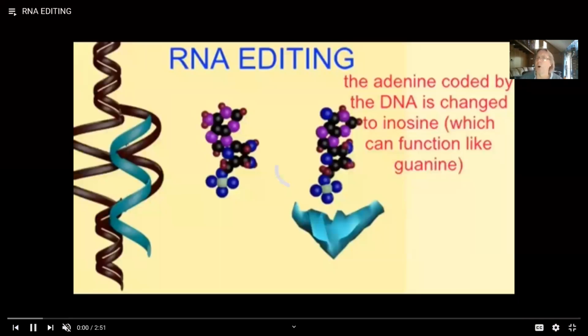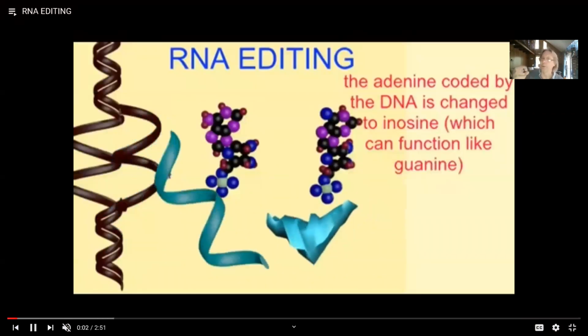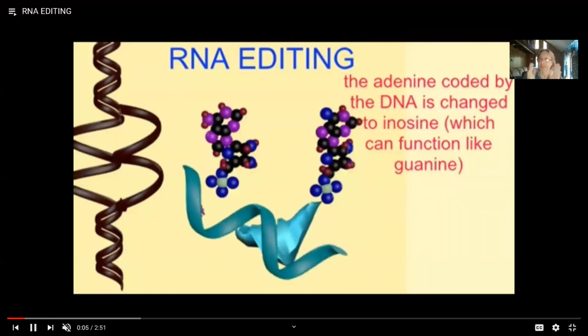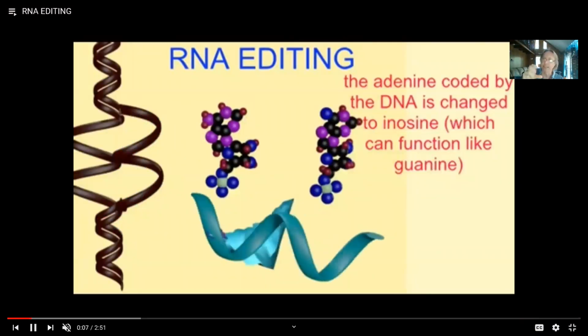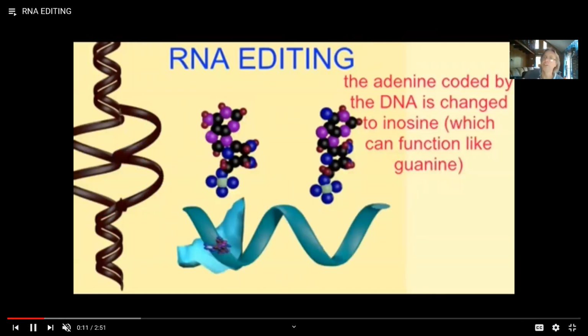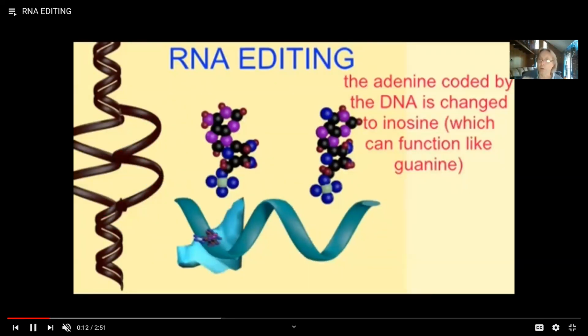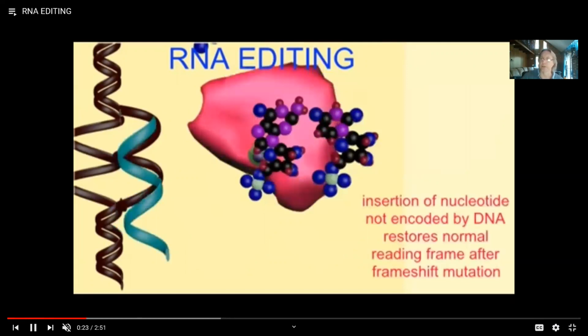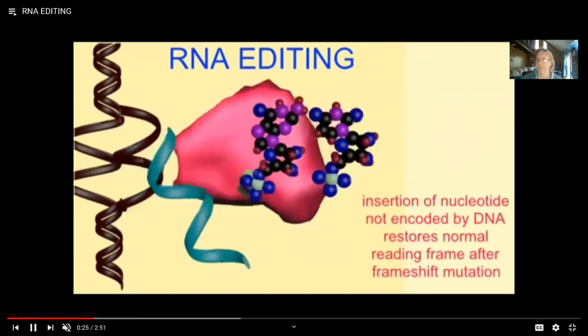And a subclass of this is what's known as RNA editing, so that you can take a specific nucleotide and the DNA said, put this nucleotide here, but you can then subsequently change it in a way that the DNA did not code for, so that if this becomes protein, the protein amino acid that would be made is not what the DNA called for, because you edited the RNA after it was transcribed.